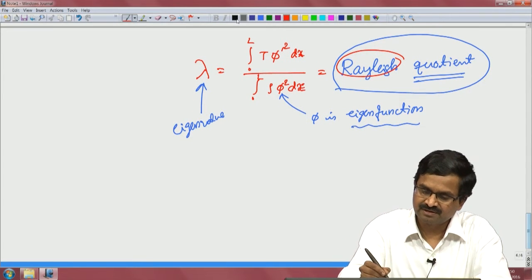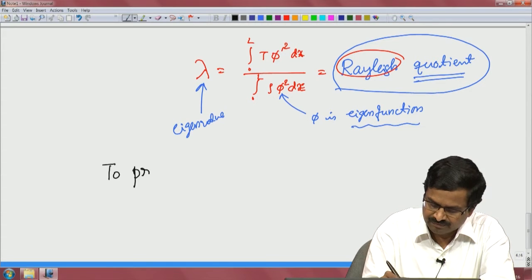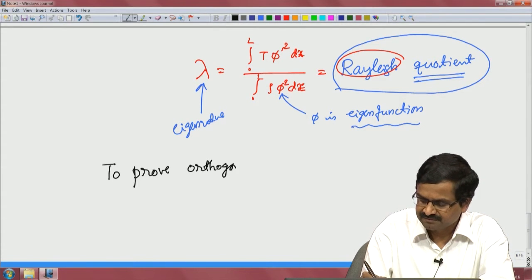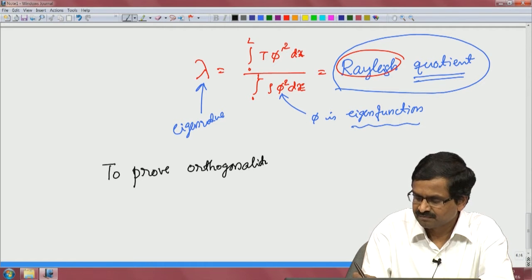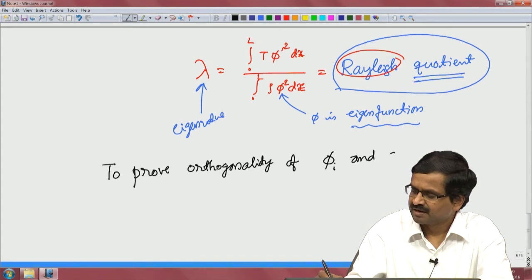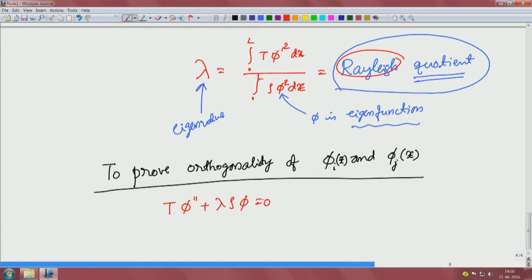So, we want to prove orthogonality of phi i and phi j. Again remember, these are functions of x, phi i of x and phi j of x. Our starting point is that equation we have, T phi double prime plus lambda rho phi equal to 0.